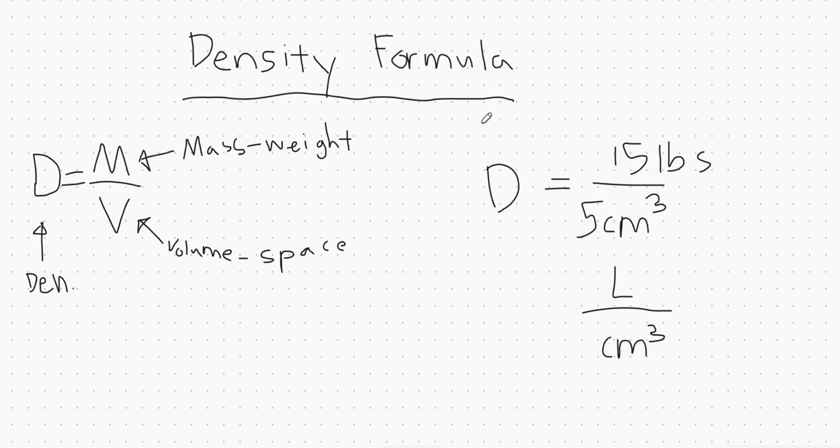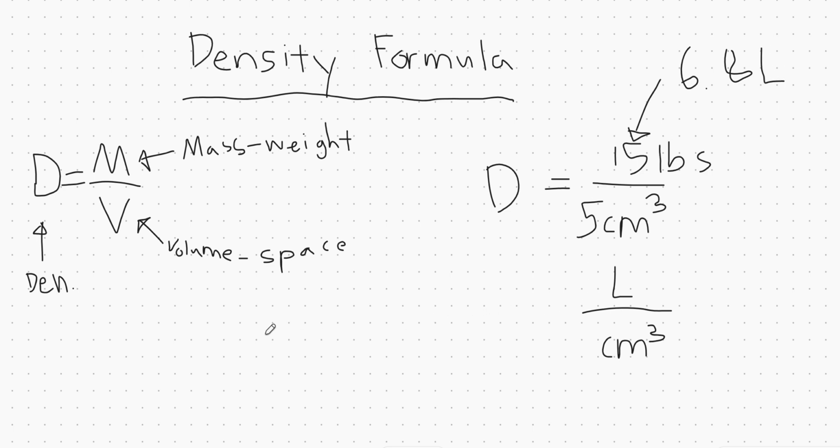Now, we will discuss units and measurements and conversions in a different lesson, but as of right now, 15 pounds is approximately 6.8 liters. And that could be water, juice, anything.